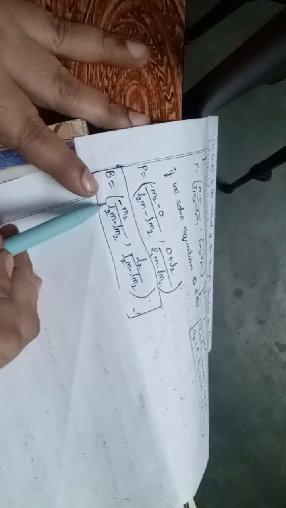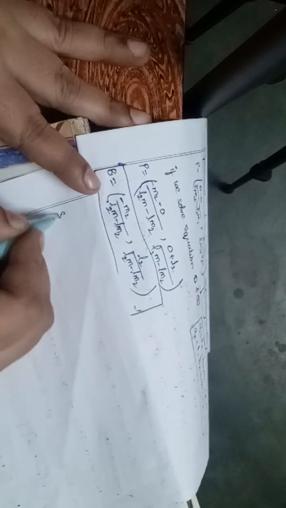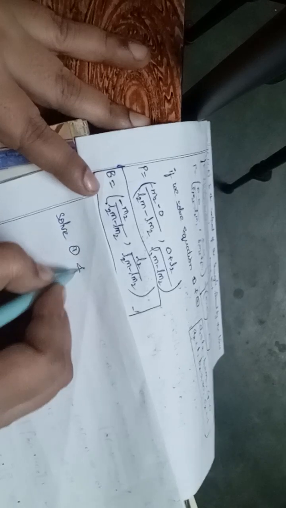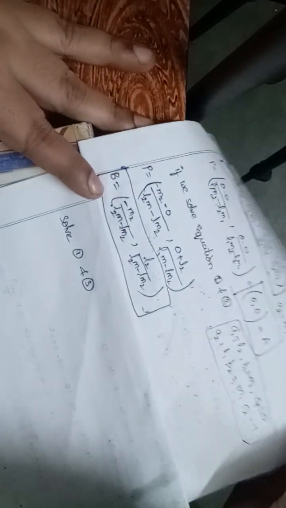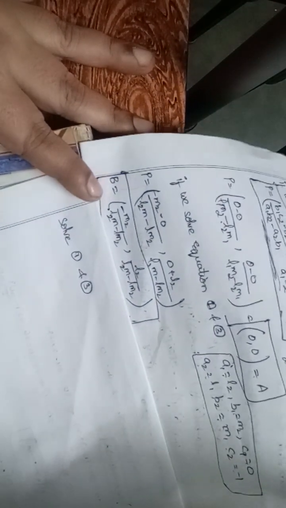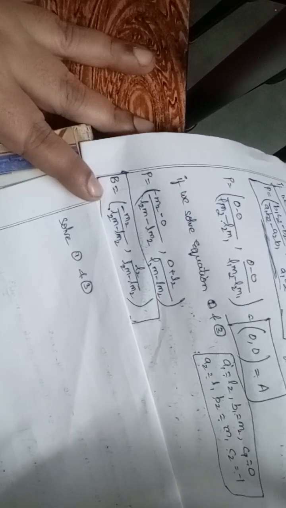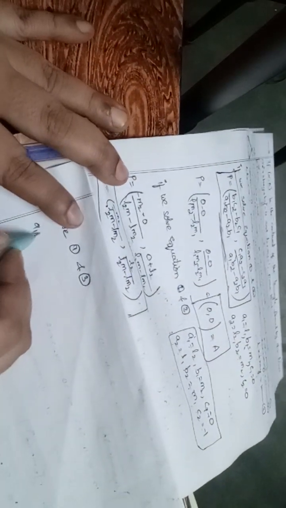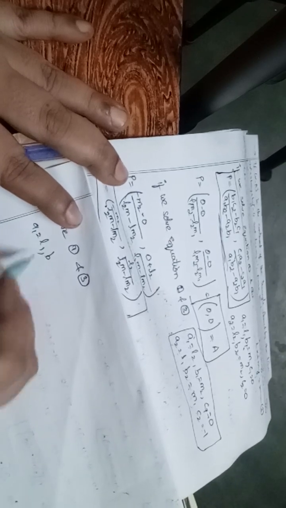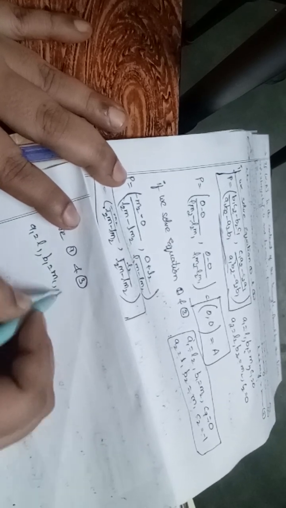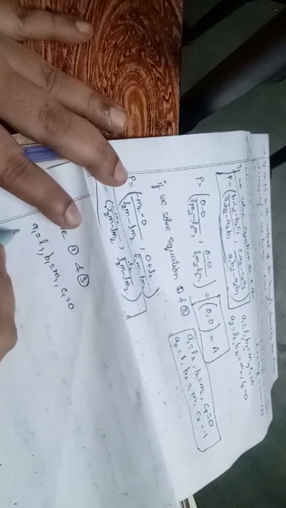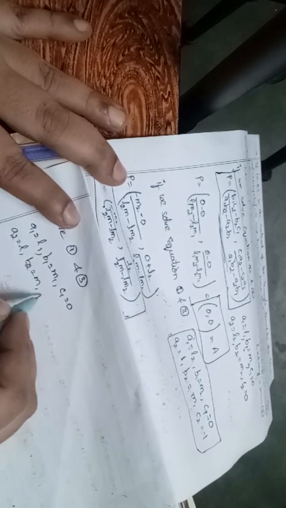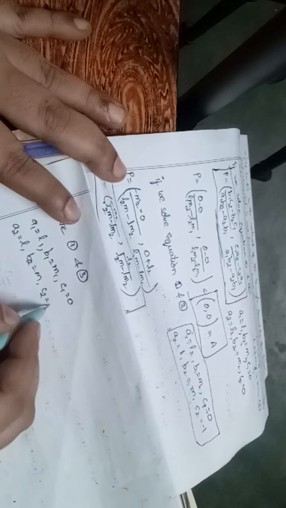Next, coming to solve 1 and 3. We did 2 and 3 before, now 1 and 3 we are doing. So A1 equals L1, B1 equals M1, C1 equals 0, A2 equals L, B2 equals M, C2 equals minus 1.